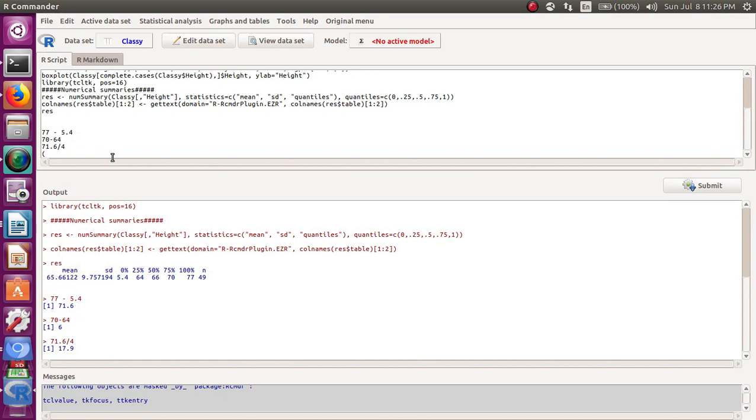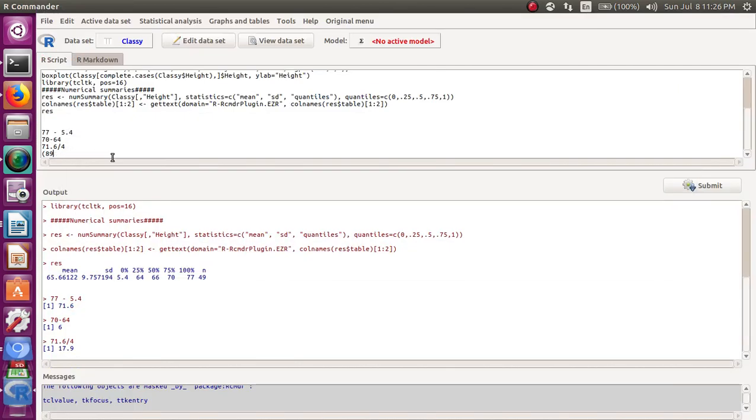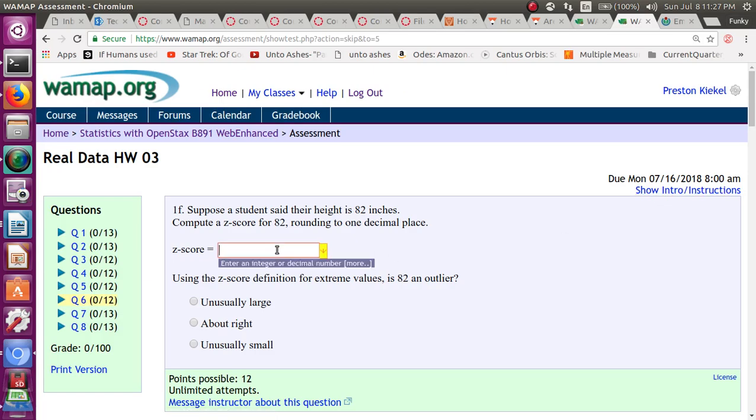So the z-score is x minus the mean divided by the standard deviation, or 82 minus 65.7 divided by 9.8, which gives me a z-score of 1.66, rounded to one place, that's 1.7. Now that's not considered an extreme value because extreme values are z-scores that are bigger than 2 or smaller than -2, so that's about right. Click Submit and move on, except I'm not going to do that.